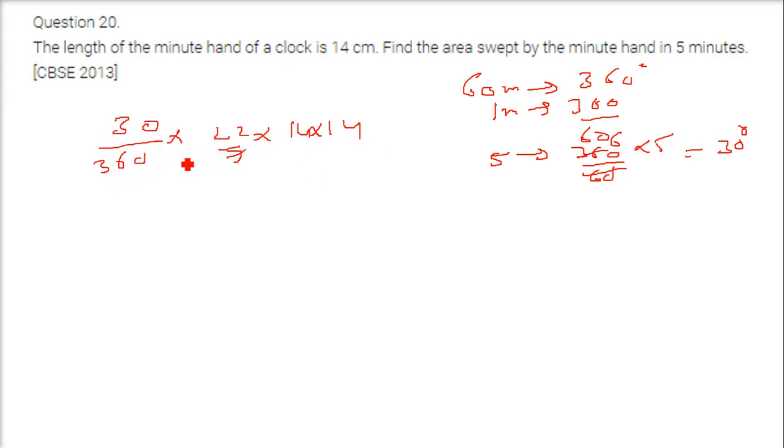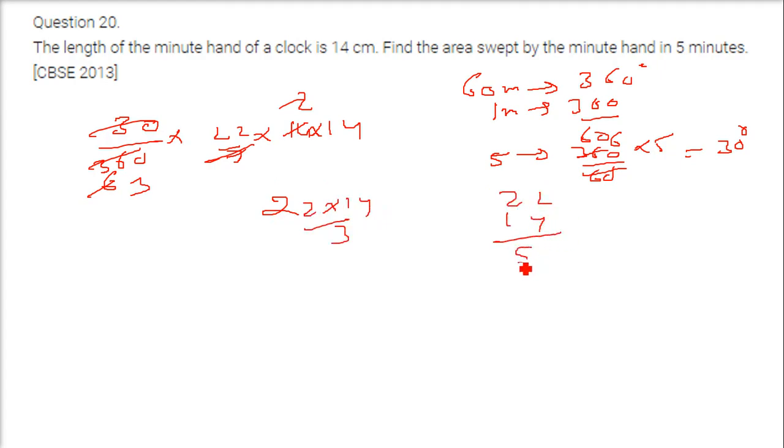First of all, 6 goes into 30 five times, and 7 twos are 14, so it will be 22 into 14 by 3. You can just multiply 22 into 14, so it will be 308 by 3. If you want to write it in some other form, that is up to you.